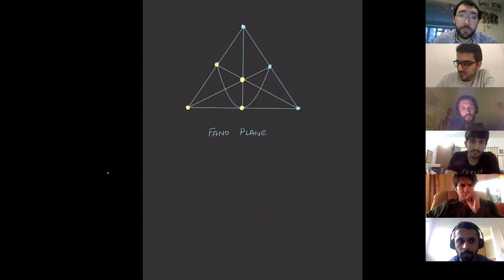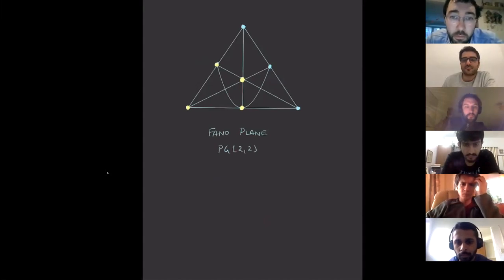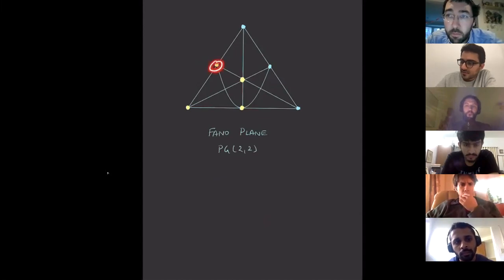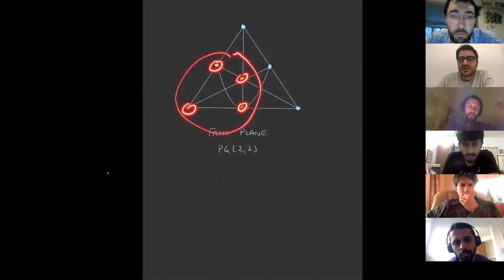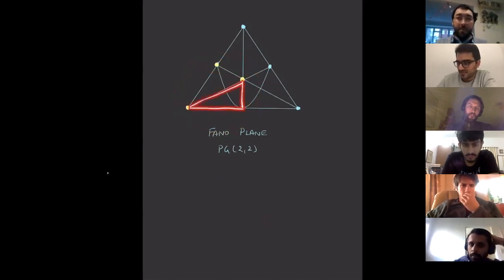So this is PG(2, 2). Because you observe here that if you just look at this thing here, this is my AG(2, 2), my affine plane over F2. You have these 6 lines, I'm bad at counting.